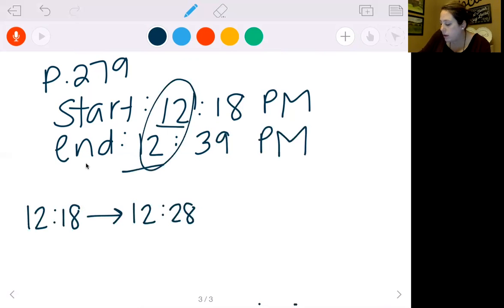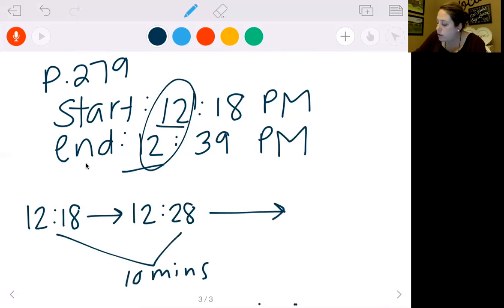So that's 10 minutes. 28 plus 10 more minutes is 12:38. So that's 10 more minutes. Now I can't go 10 more minutes because that would be 12:48 and that's not where I'm going. So I need to stop at 12:38 and go 1 more minute to 12:39.